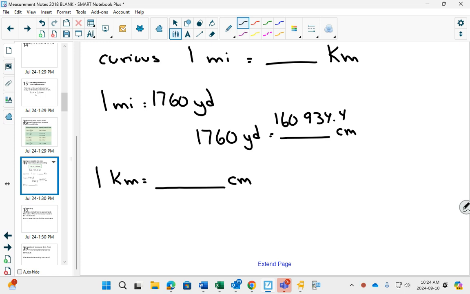But I feel like maybe this time I'll take my time and I'm just going to go to meters first. How many centimeters in a meter? 100. That's probably something you have memorized better than how many centimeters in a kilometer, because usually we don't quickly go from centimeters to kilometers.